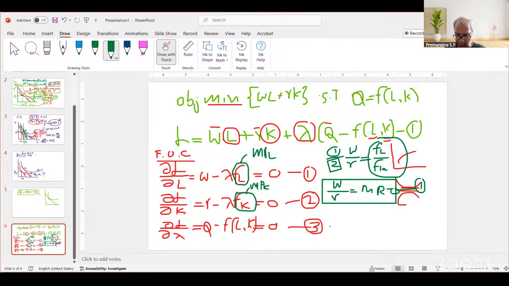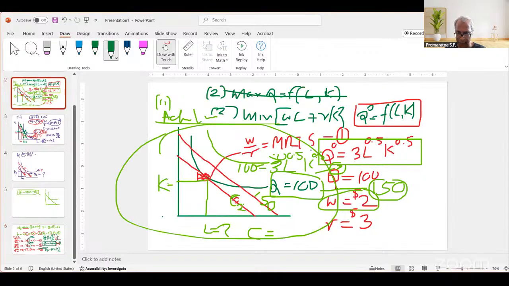The second equation comes from the third equation here. If I go back to the direct method, you can see MRTS equals the price ratio, and the second equation is what we call the direct method.